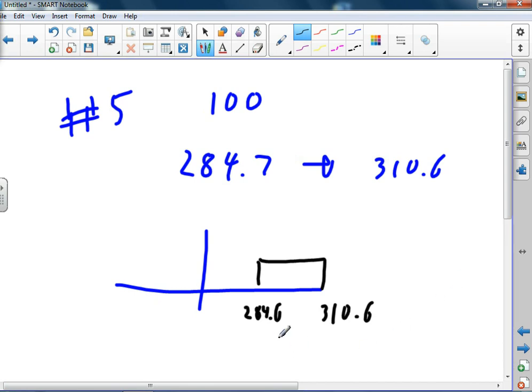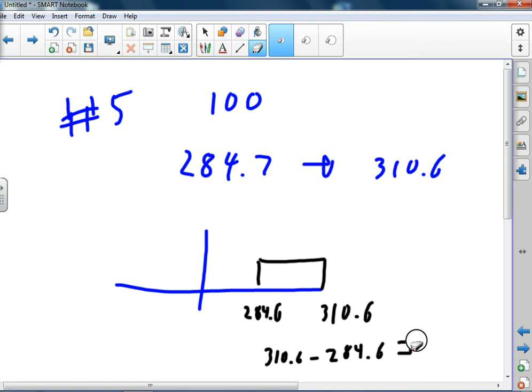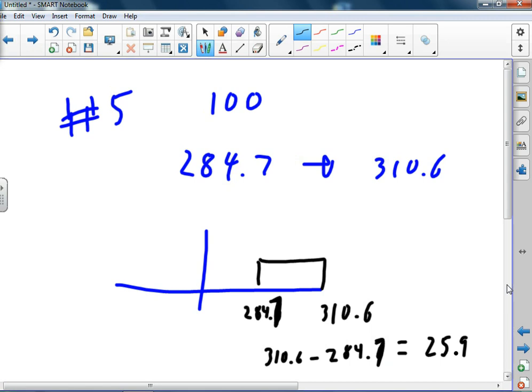So I'm going to look at this interval, 310.6 and 284.7. Who put the 6 there? Oh, that was me. So I've got a 25.9 interval.